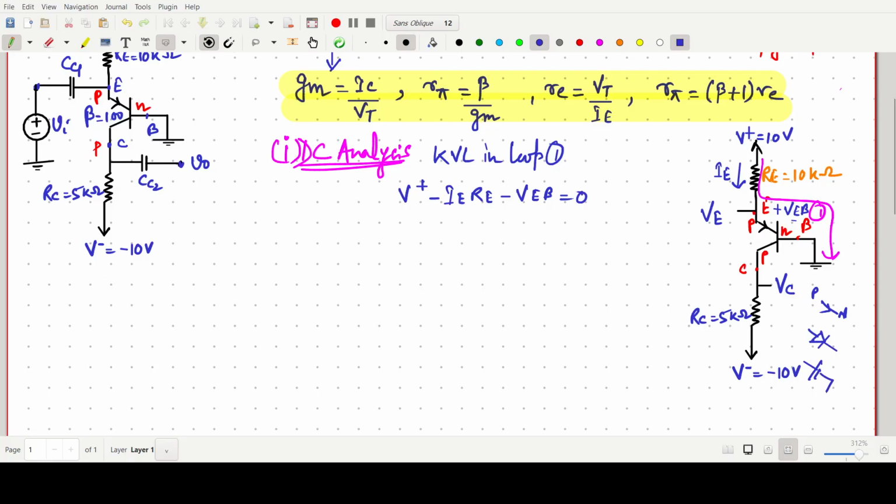This one is ground, and this is the emitter, with a total voltage of 0.7, so we can simply say VE is 0.7 volt.